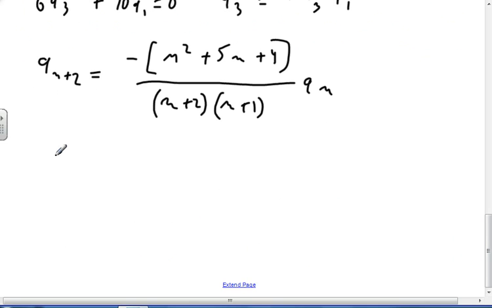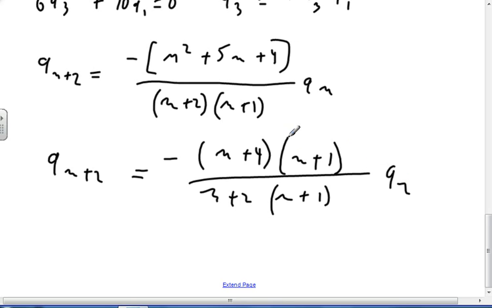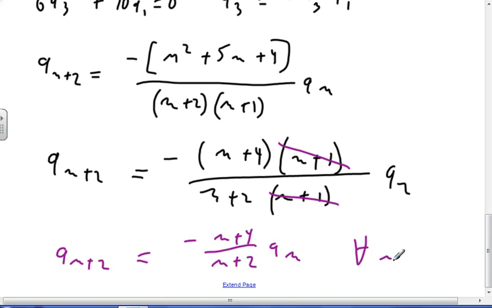Alright, I see my recurring formula an plus 2, and that's minus. I see that this is n plus 4 times n plus 1 divided by n plus 2, n plus 1, an, and those two guys go away. So my recurring formula is an plus 2 equals minus n plus 4 over n plus 2, an for all n greater than or equal to 2.